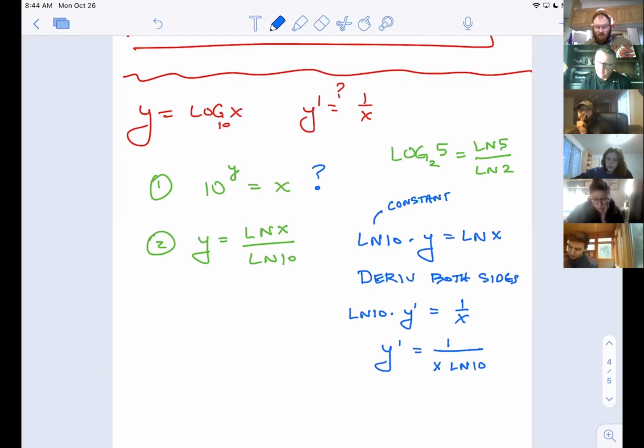So notice, and again, this I think is on the note sheet that I gave you. So I have it in front of me. I should look really quick. Yep. So notice the log of x is still 1 over x. So it is like natural log, except there's just one more part to it. Whatever that base is, if that base is a 10, then you also need a natural log of 10.